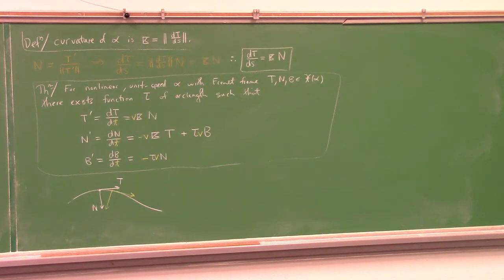It's d dt of the speed times the unit tangent, right? Now, generally, the speed and the unit tangent are both functions of time. So when I differentiate them, I have to do the product rule. And the product rule gives me little dv dt times t plus v times dt dt.